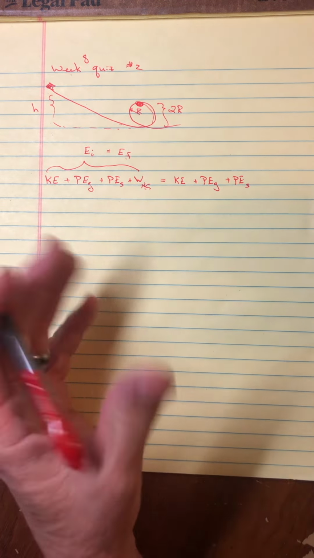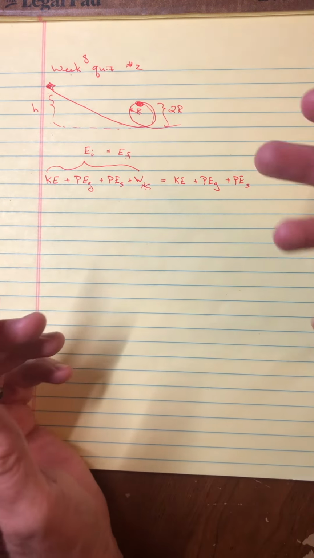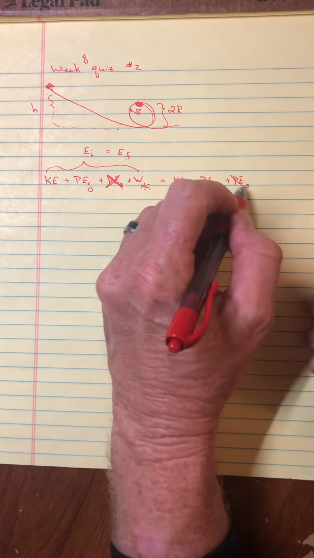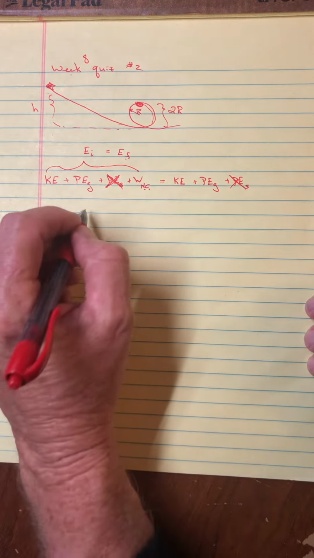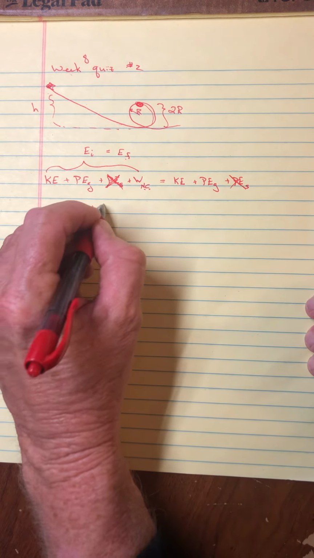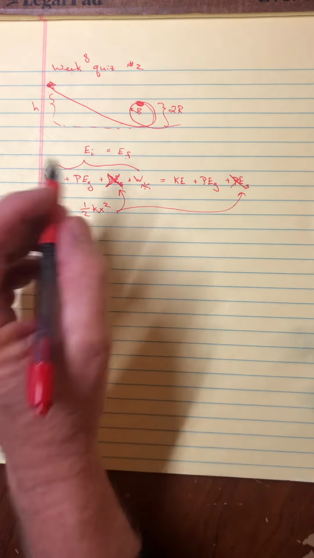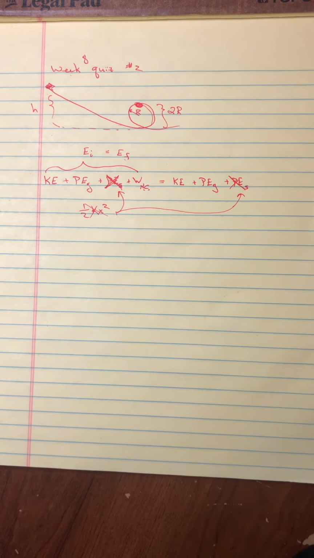Although most problems you don't need all 7 terms. For example, this one does not have a spring involved, and so this term, 1/2 kx squared for the potential energy from a spring, is not needed. So I'll cross that one out. There's no springs involved here.